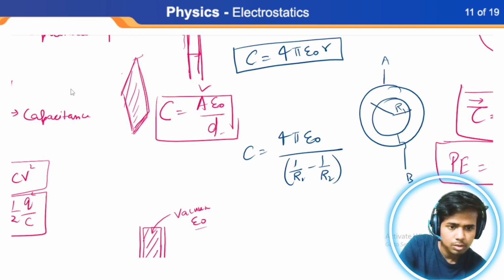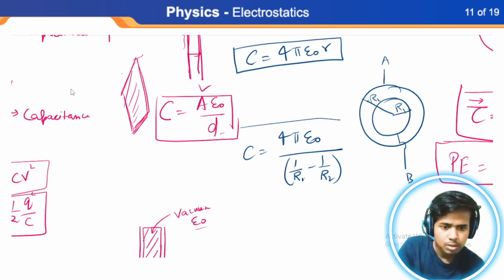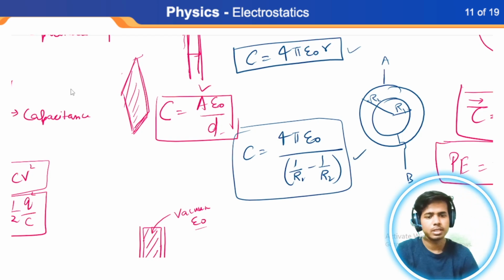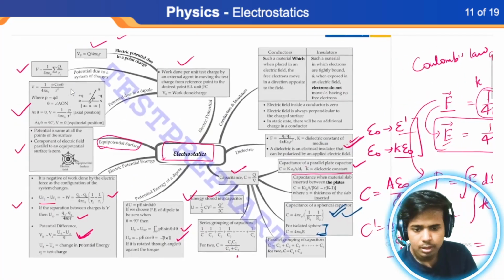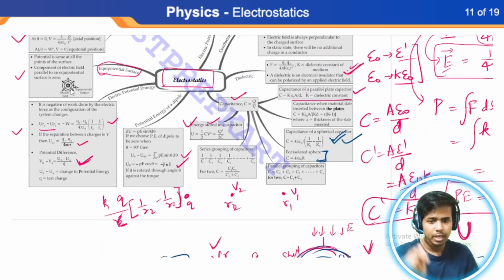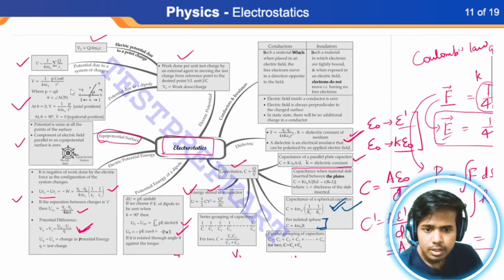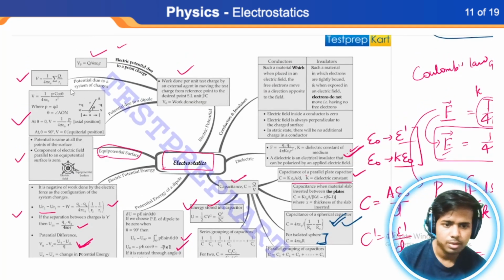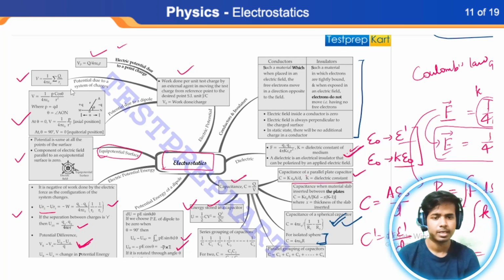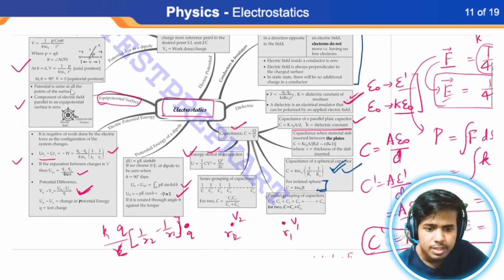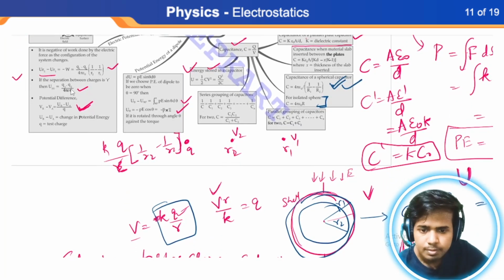These two you should remember because it's important. Many times a straightforward question is asked. Now, there is just one part which is left, except this one. I think it is more suited for the chapter of current electricity, conductors and insulators. That is why we'll discuss it in that mind map.